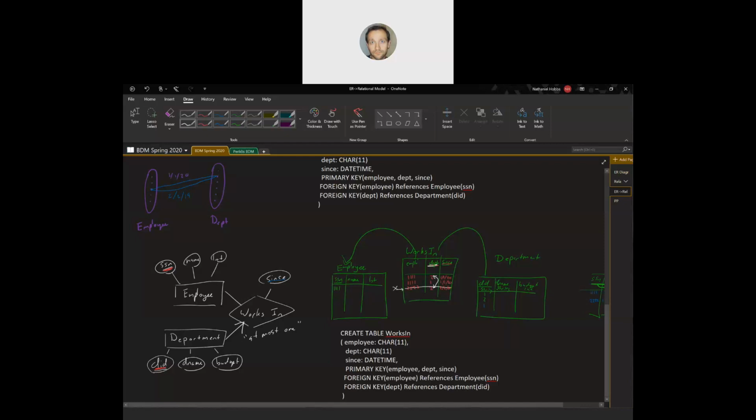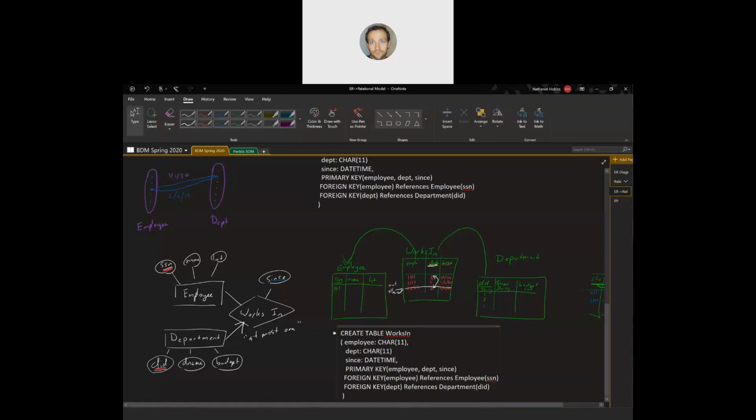You would get an error if you tried to add this employee in this way. So this is fine, not allowed. So this is one method of capturing this.